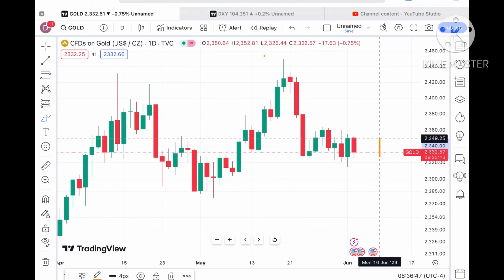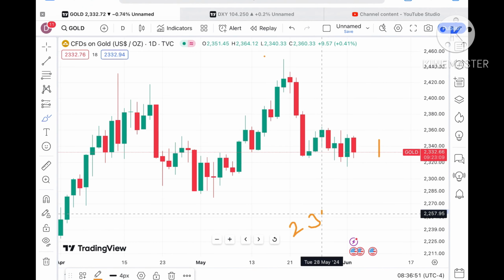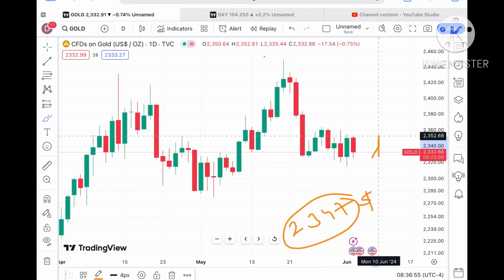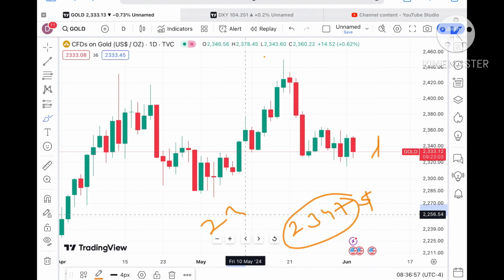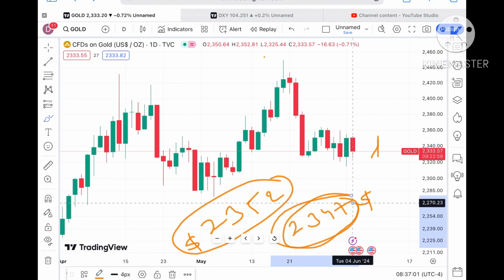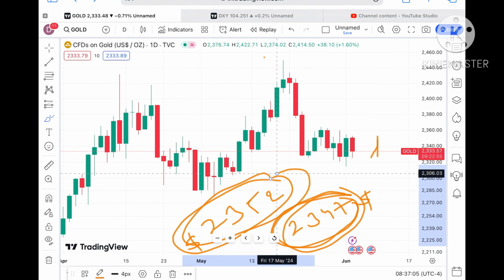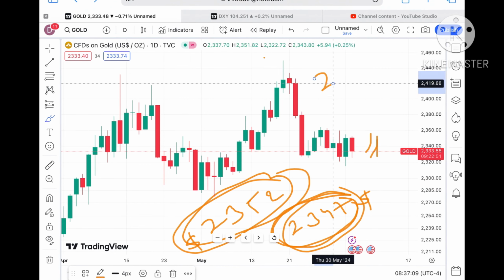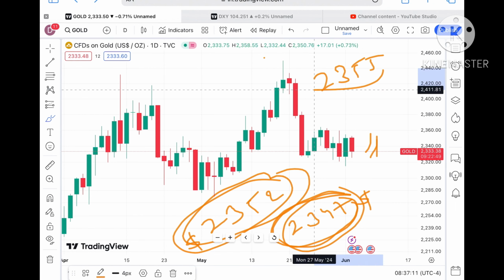Now, if the price sustains this level, it can move towards its weak resistance of 2347, and after that towards a level of 2352. This 2352 is also weak, so remember this. As soon as the price moves above this level, it can cross 2352, and from there it can touch a level of around 2355.